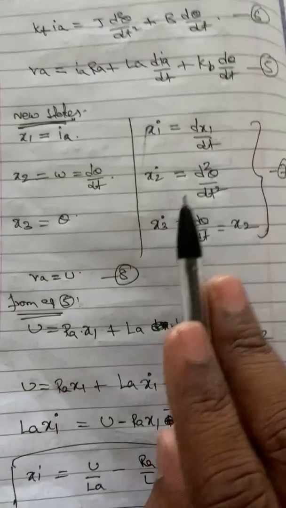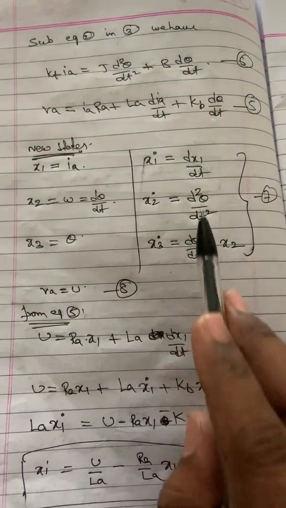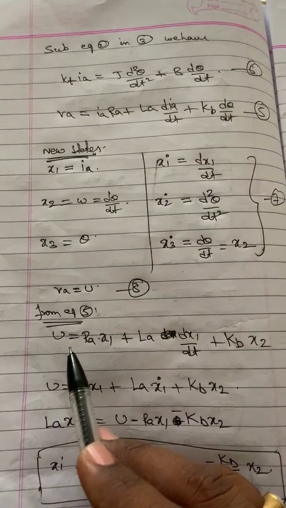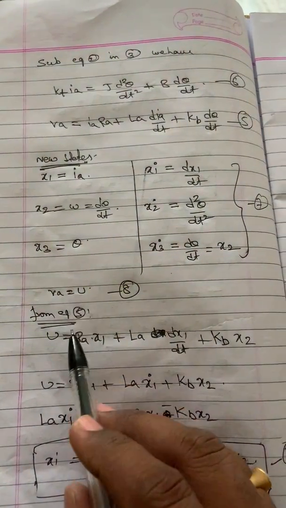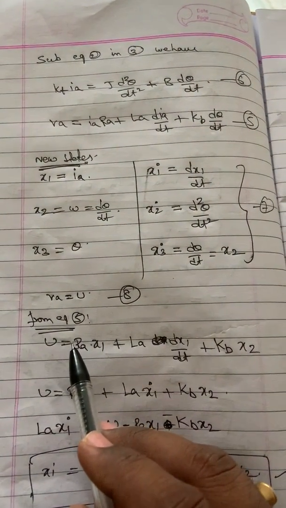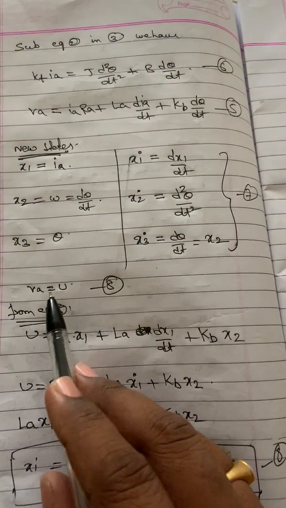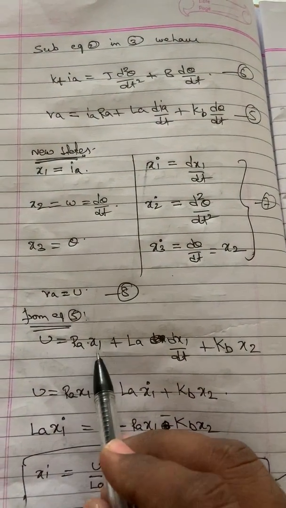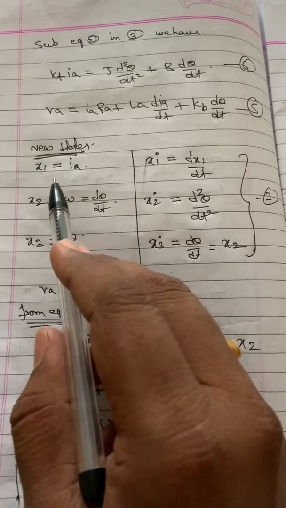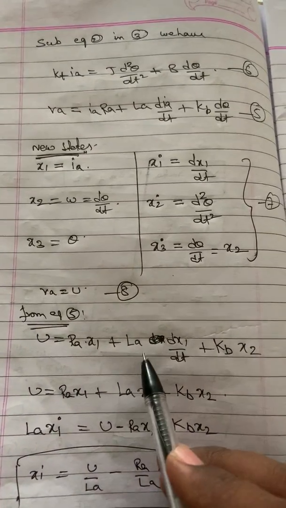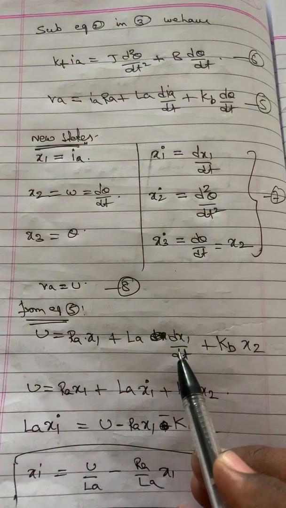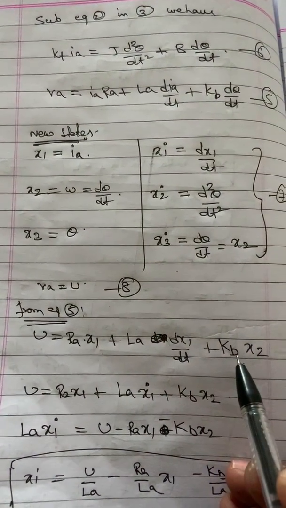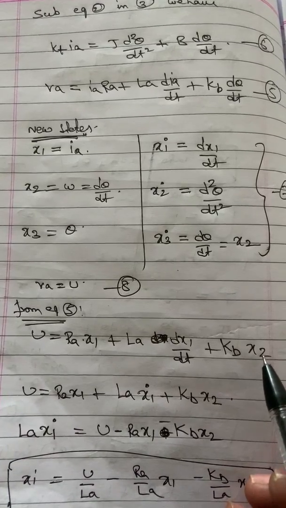Now let us take the first equation, an electrical equation, which we can call equation number 5. In equation number 5 you have VA, which is nothing but the input, and in state space we represent input with U. Therefore I am taking VA is equal to U. U is equal to RA into IA, and IA is equal to x1, plus LA dIA by dt, and again IA is equal to x1, therefore dx1 by dt, plus KB into d theta by dt.